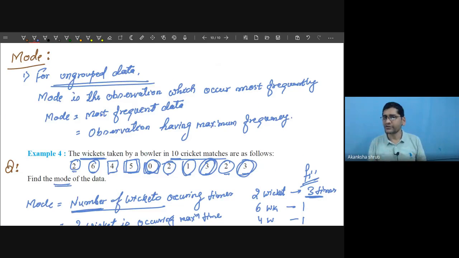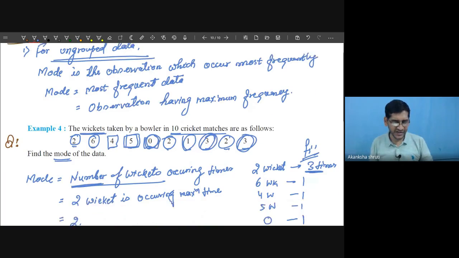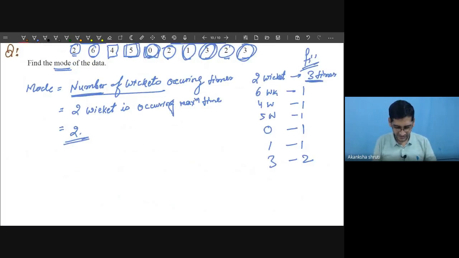Now let us go for the grouped data. That is important. Mode for grouped data.